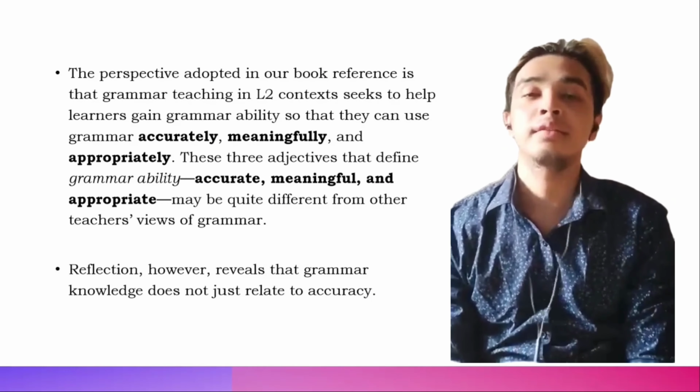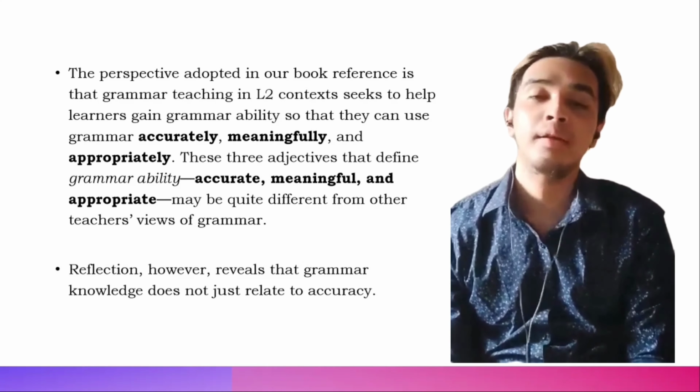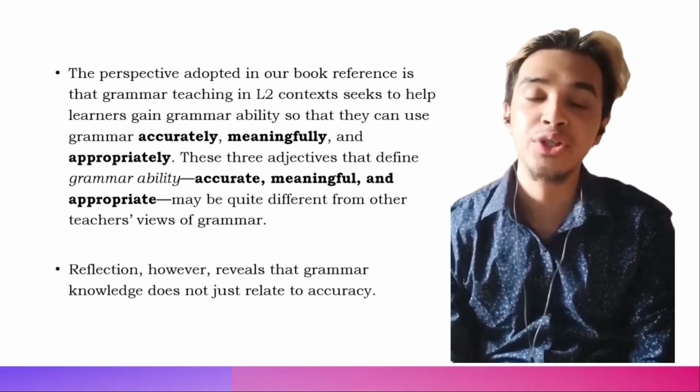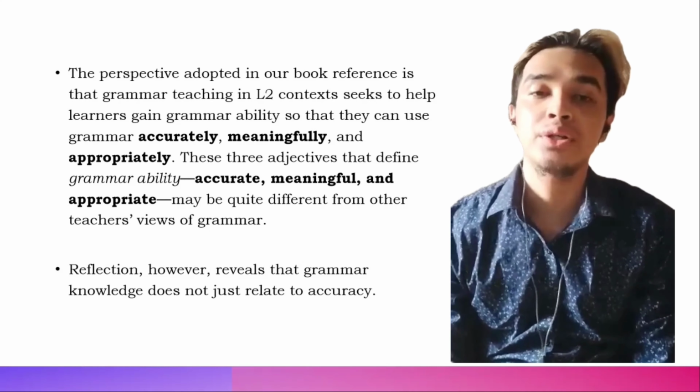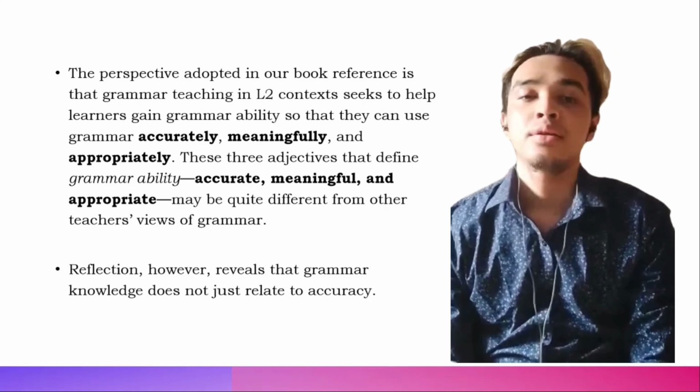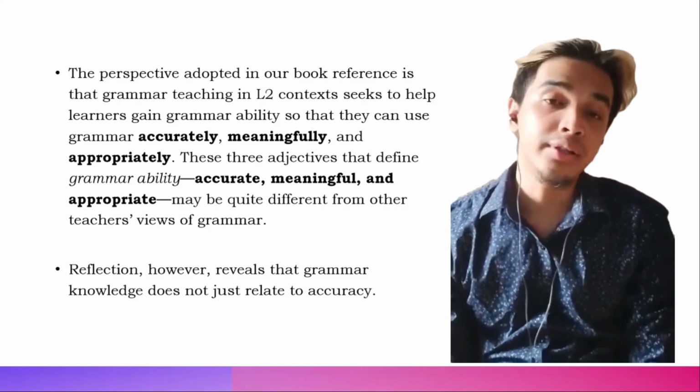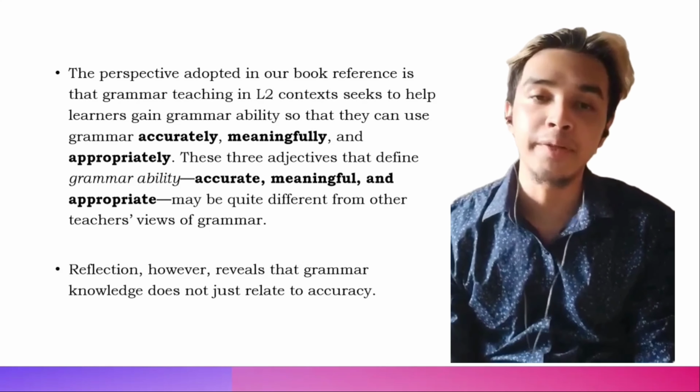For the first bullet, the first perspective adopted in this book is that grammar teaching in a second language context seeks to help learners gain grammar ability so that they can use grammar accurately, meaningfully, and appropriately.